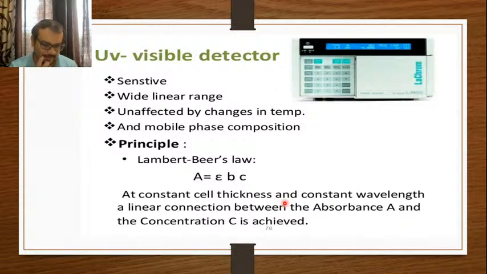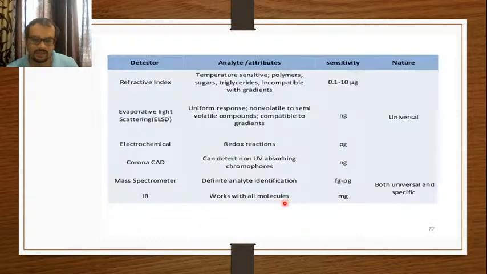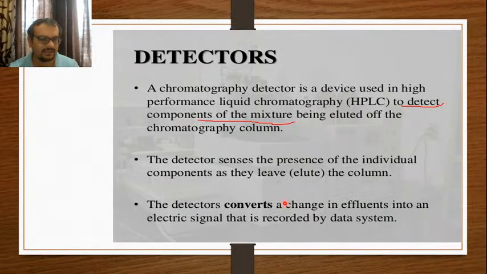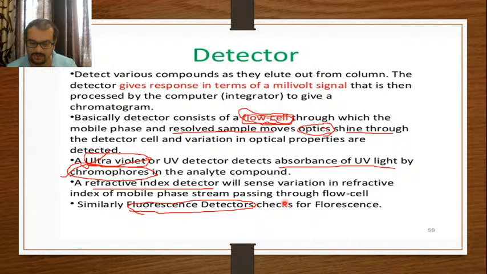So this is what I will revise again. Detectors detect the components of the mixture by converting a change in the effluent to an electrical signal. The flow cell is the part through which your mobile phase and analyte are passed towards the detector, and then you detect the signal.